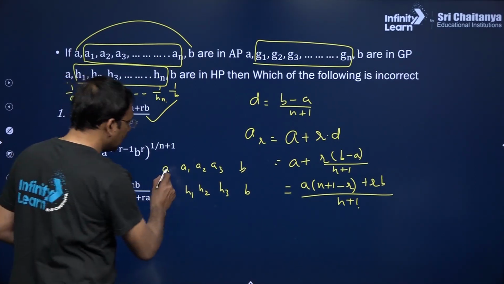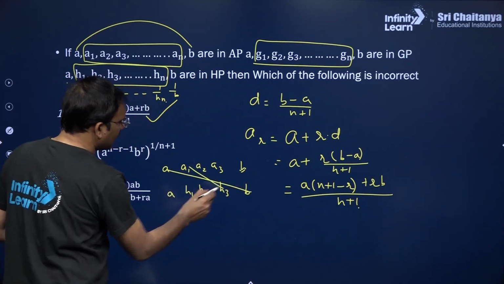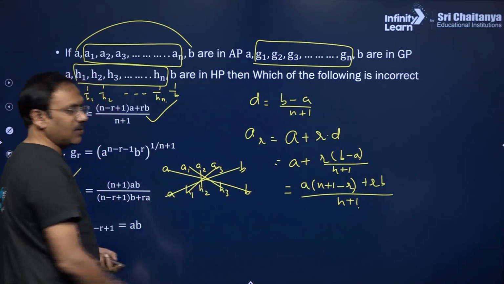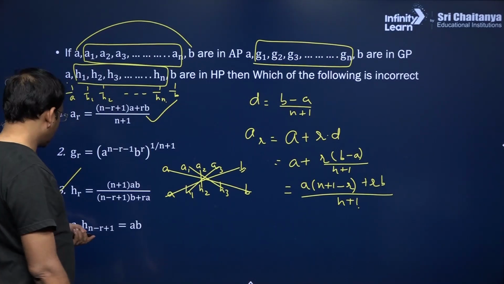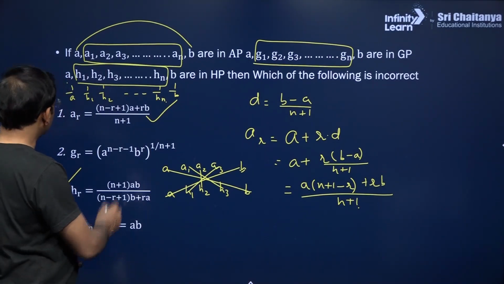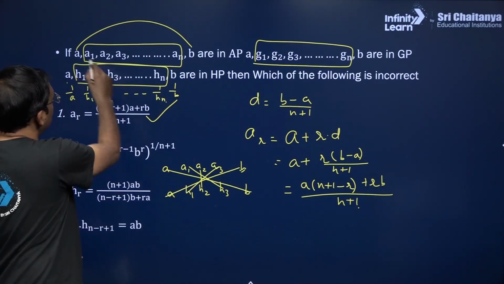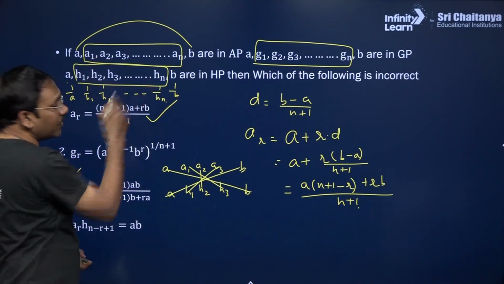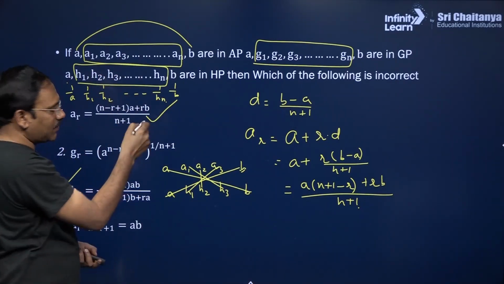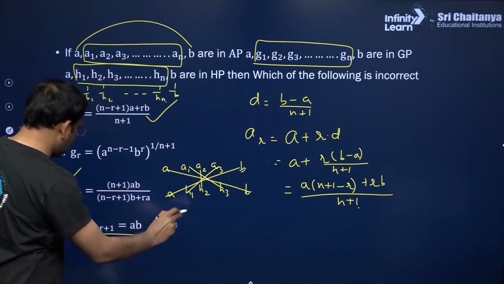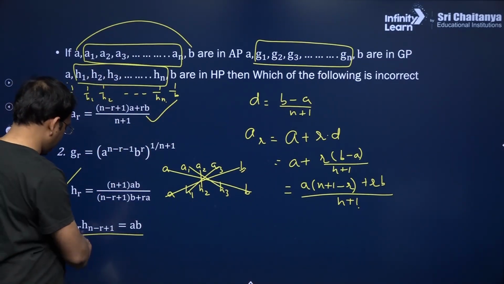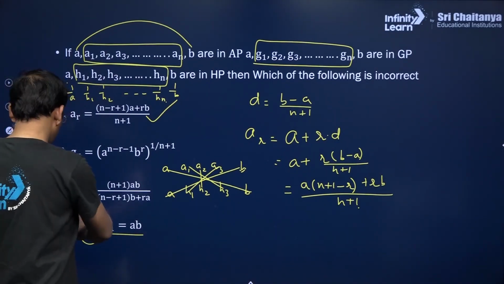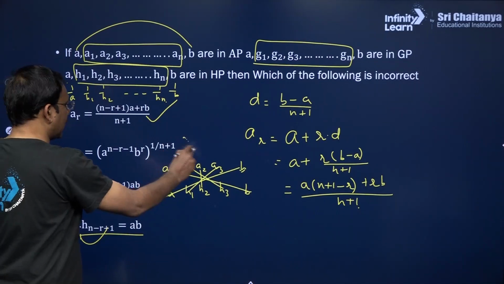Then the result is A into B is A1 H3 is A2 H2 is A3 H1 is A into B. This result you might have known. Accordingly, here also A into B is equal to A1 Hn, sum of the suffixes n plus 1, A2 Hn minus 1, A3 Hn minus 2, like that, Ar into Hn minus r plus 1. You observe the sum of the suffixes, which is n plus 1, is equal to AB. Fourth is also correct. So, second is wrong.